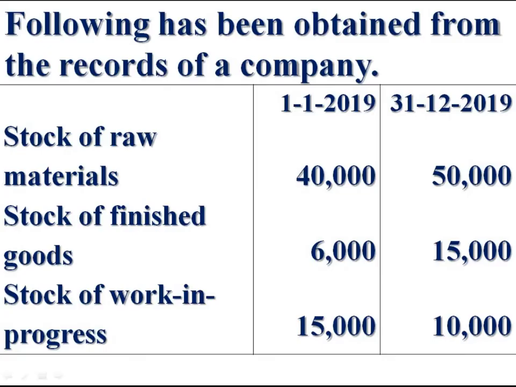Read the question. Following has been obtained from the records of a company. Stock of raw materials, stock of finished goods, stock of work in progress. We are given the stocks of raw materials, finished goods and work in progress.